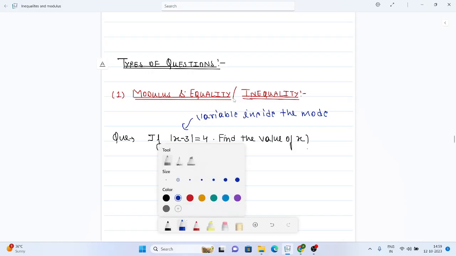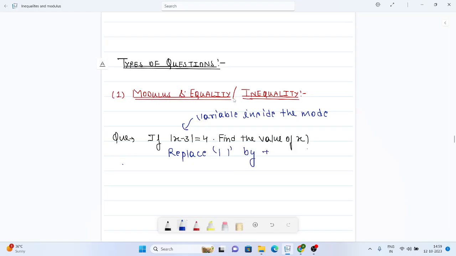So what you have to do here, you always replace this sign by plus minus sign, and this term remains as it is.